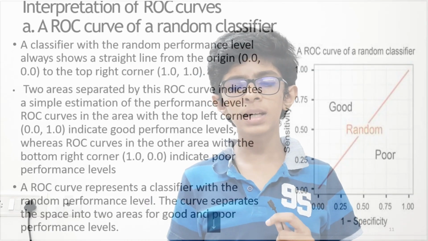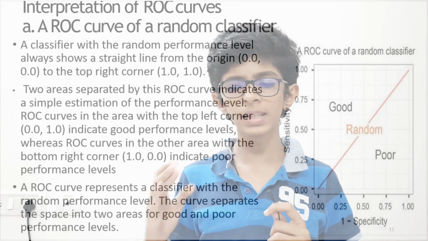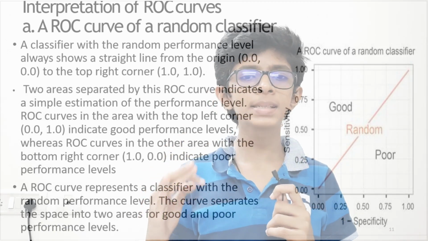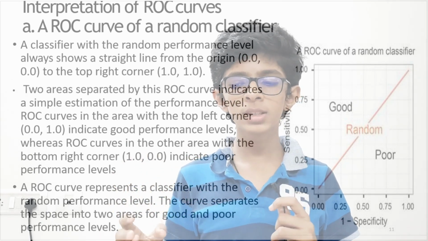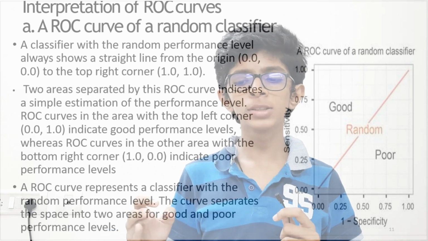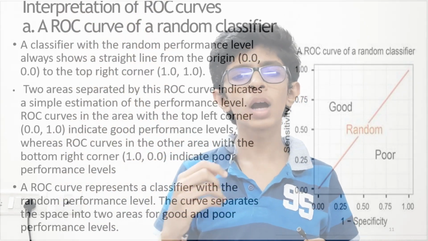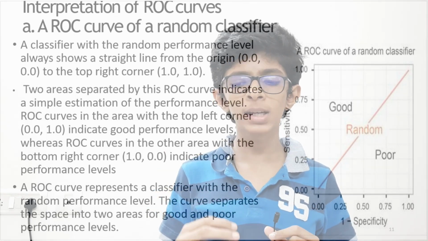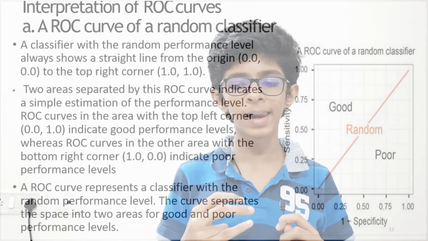Interpretation of ROC curves. A ROC curve of a random classifier. A classifier with random performance level always shows a straight line from the origin 0.0, 0.0 to the top right corner 1.0, 1.0. The two areas separated by this ROC curve indicate a simple estimation of performance level.